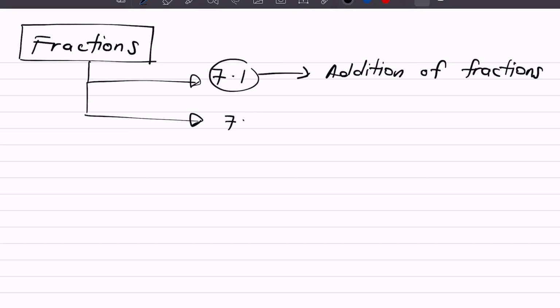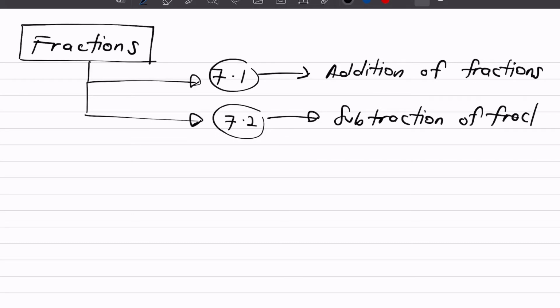Then 7.2 is about subtraction of fractions.